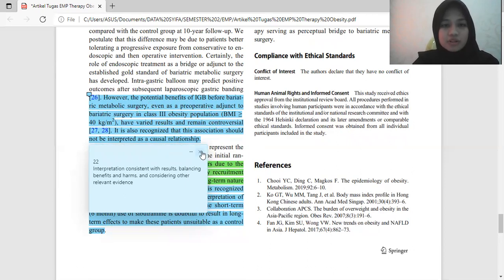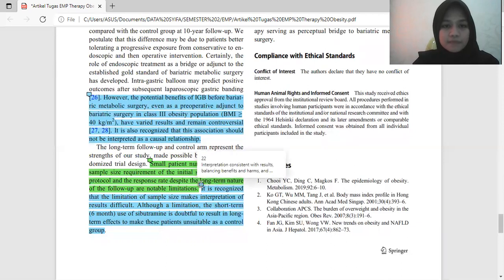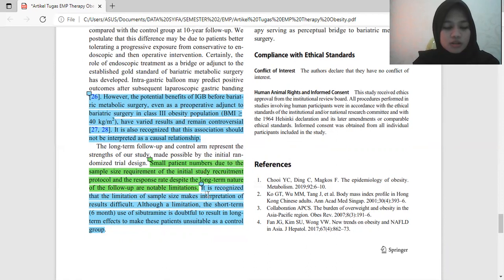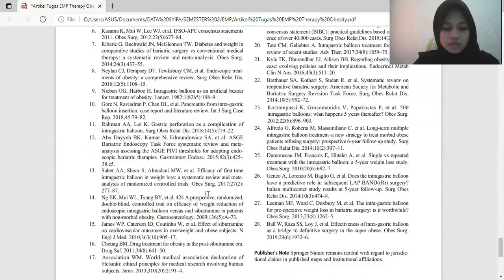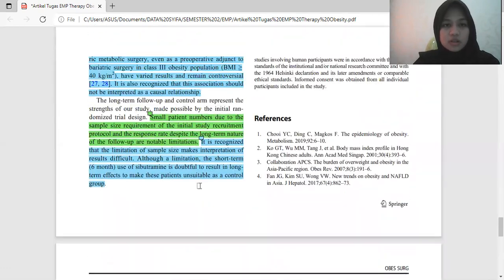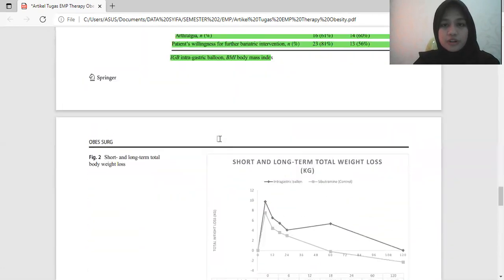Next is number 23. Number 23 is registration number and name of trial registry. We cannot find it in this article, so it's not available. Number 24.